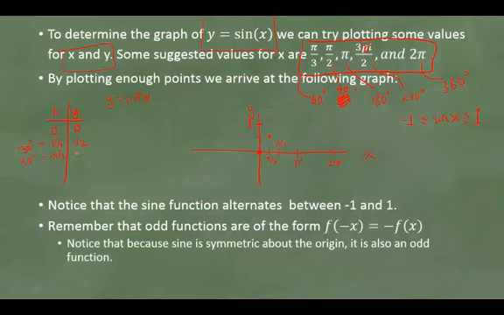That was 1. So at pi over 2 we reach our highest value. What about sine of pi? Sine of 180 was back again to 0. What about 3 pi over 2, or 270 degrees? That was down to -1.